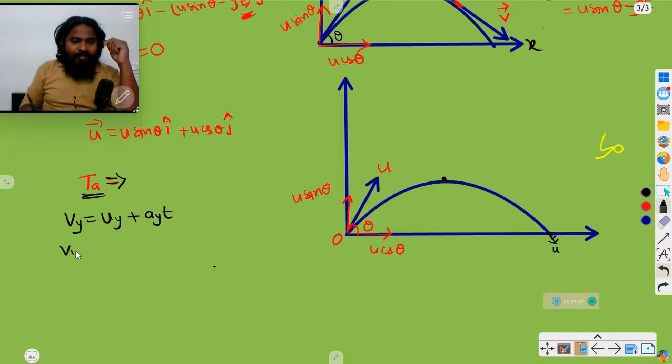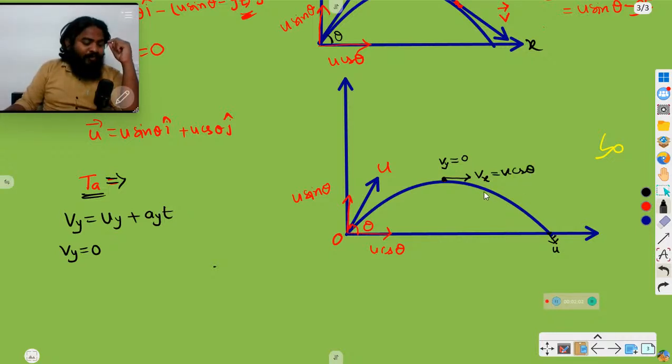Here Vy is equal to 0, because time of ascent is the time taken to reach from origin to the maximum height. At a maximum height, the vertical velocity is 0, right? At the same time, at the maximum height, the horizontal velocity is Vx = u cos theta. It never changes.